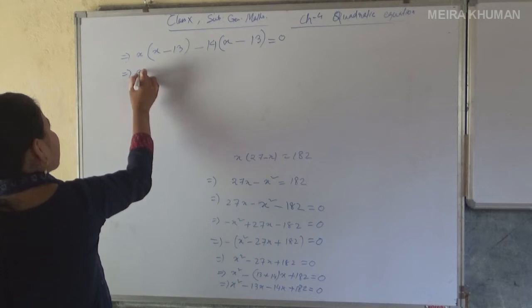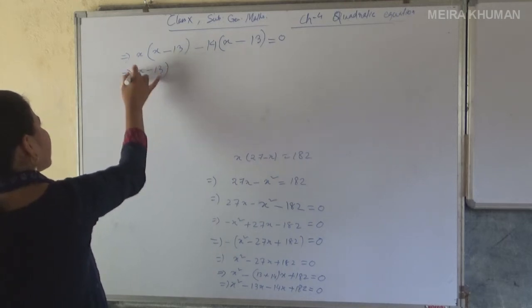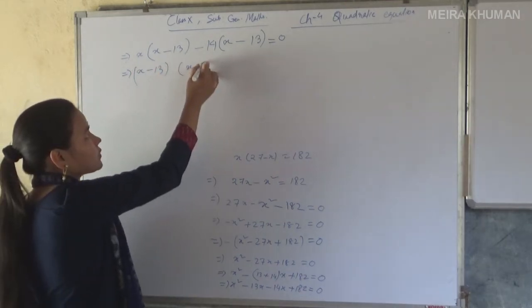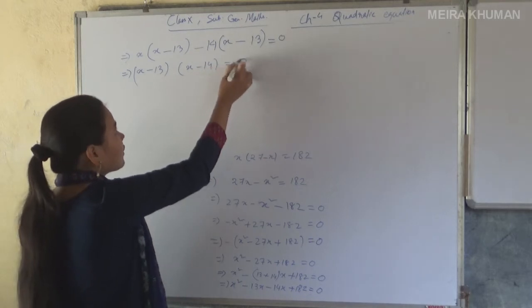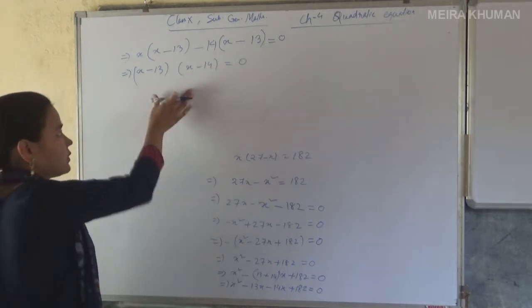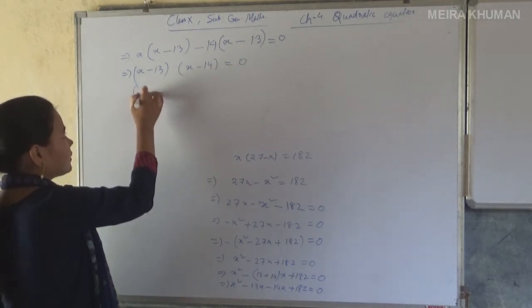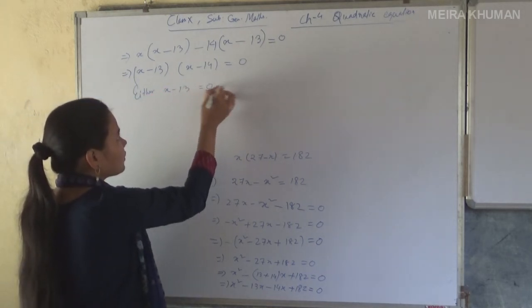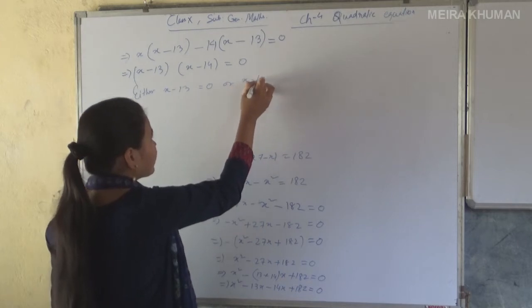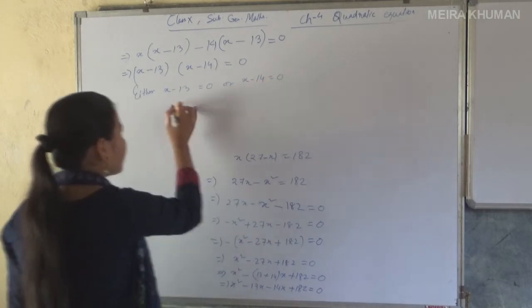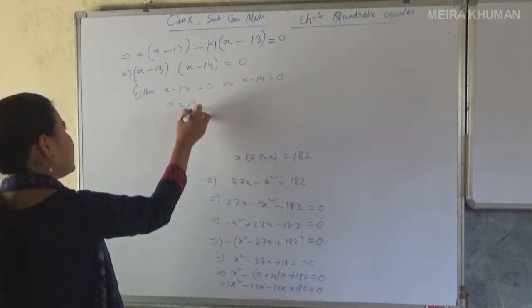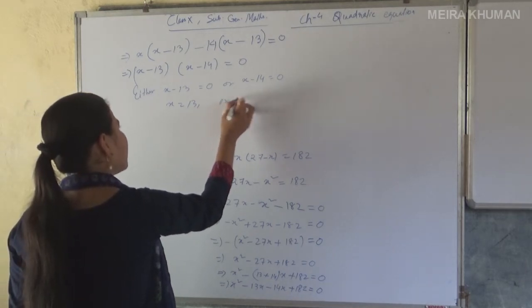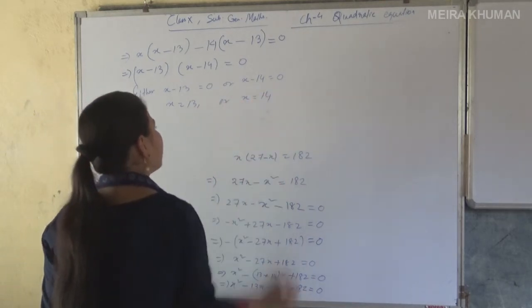Next, x minus 13 is common: x minus 13 into x minus 14 equals 0. You are getting two factors. So x minus 13 equals 0 or x minus 14 equals 0. So x equals 13 and x equals 14.